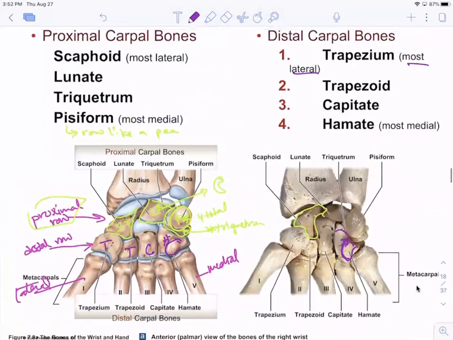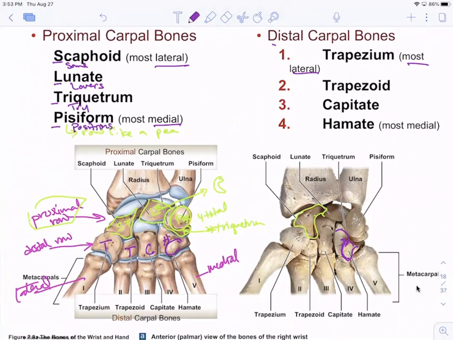But there's this lovely little saying that if you go from proximal most lateral to proximal most medial, and then distal most lateral to distal most medial: scaphoid, some; lunate, lovers; triquetrum, try; pisiform, positions.